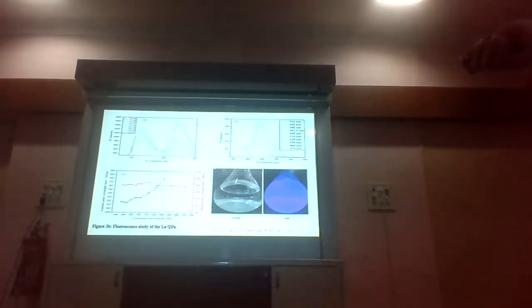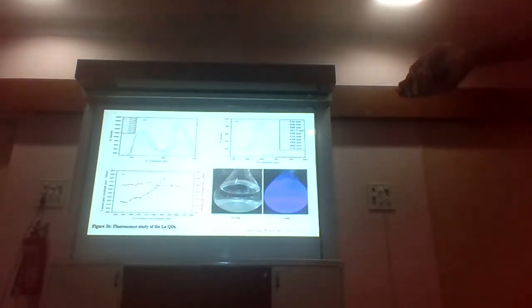I changed the excitation energy from 250 nanometer to 470 nanometer. These are my excitation maximum shifts. The red is for the 440 nanometer emission, and black is for the 315 nanometer.